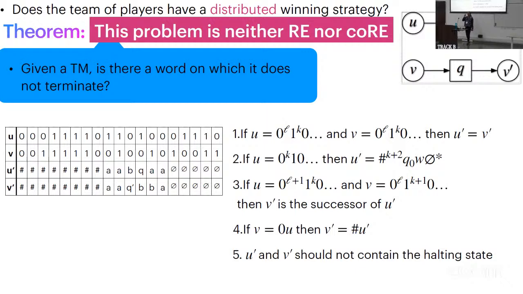So if the input was just 1 0, then you should have outputted the initial configuration 1 0 on both. So now if I get 0 1 0, then also I should output the same thing with some sharps before, because maybe the other guy is now getting just 1 0. And in 1 0, we know that guy is going to output Q0W. So now I should output hash Q0W, something like this.